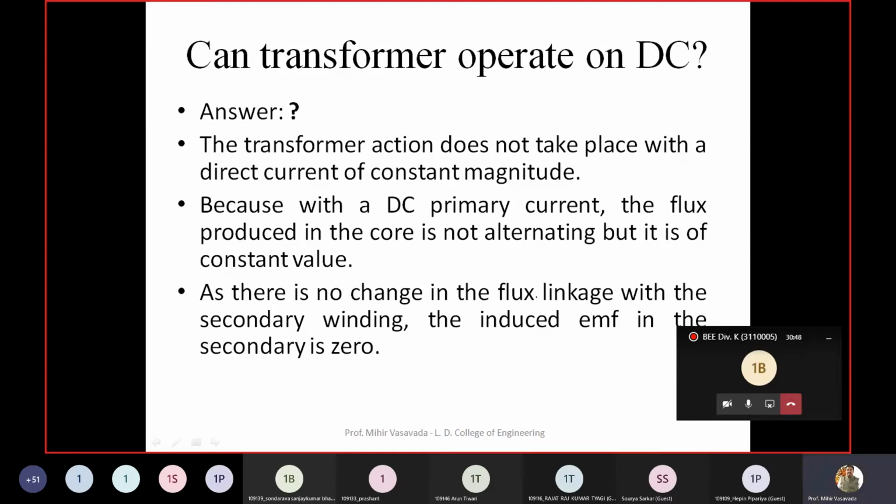So we are coming back to the PPT. The transformer action does not take place with a DC current of constant magnitude, because with a DC primary current, the flux is also not alternating, but it is of a constant value. And as there is no change in flux linkage, say there is a flux linkage, but no change in the flux linkage, so the induced EMF will be 0.